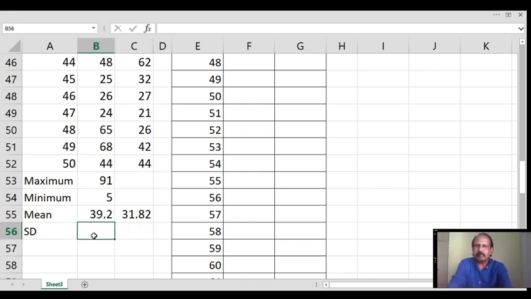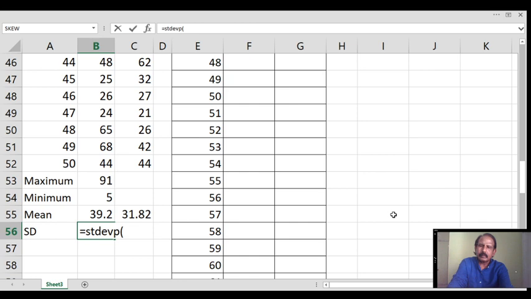Now we have to find the standard deviations of males and females separately, and to find the standard deviation of male we will write the function in B56. For that the function starts with equal sign, then we write STDEV.P. Why P? That we have discussed in previous videos.